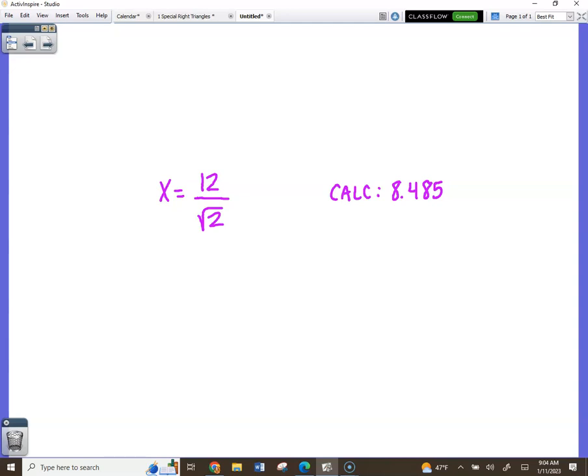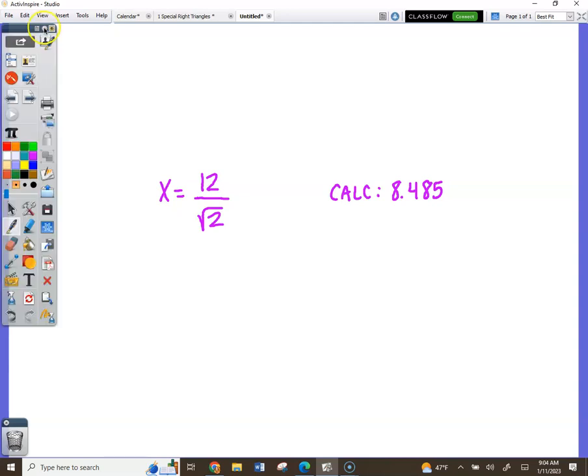But we don't want to change the value of it, so recall from college algebra, we can multiply by that big old fat fancy 1, and now we can tweak the 1. Anything over itself is 1. So we're going to multiply by the issue. The issue is the root 2.